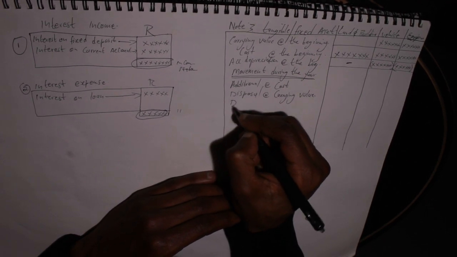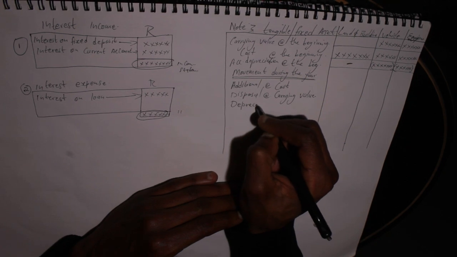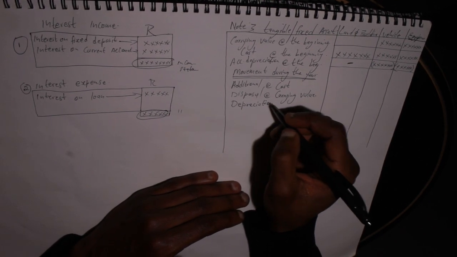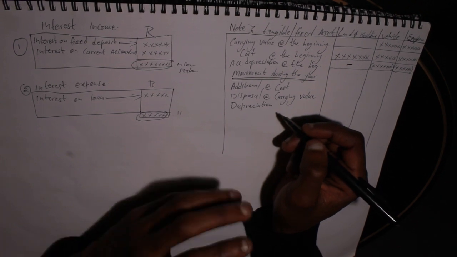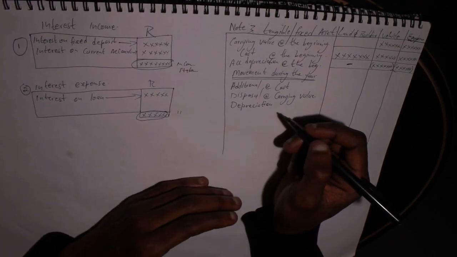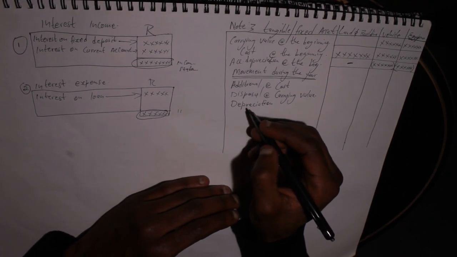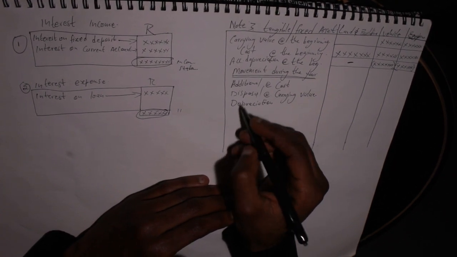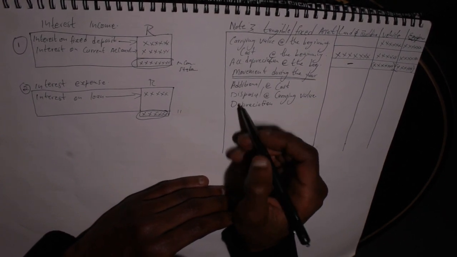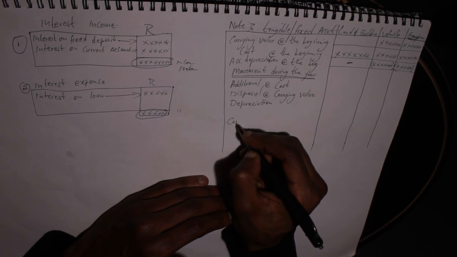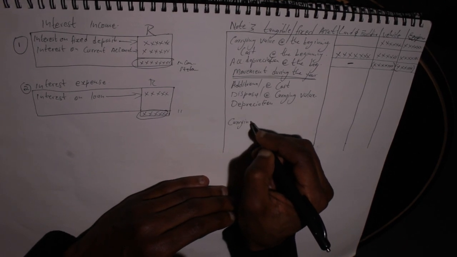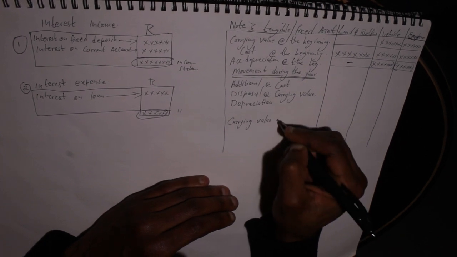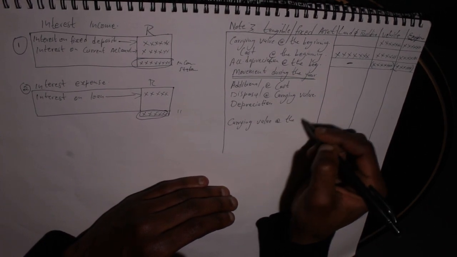And during the year, of course, we have depreciation, which should make sense. Depreciation is just the value that we have lost as we've been using the asset throughout the year. And then from there, after the movement during the year, we're going to have carrying value at the end.